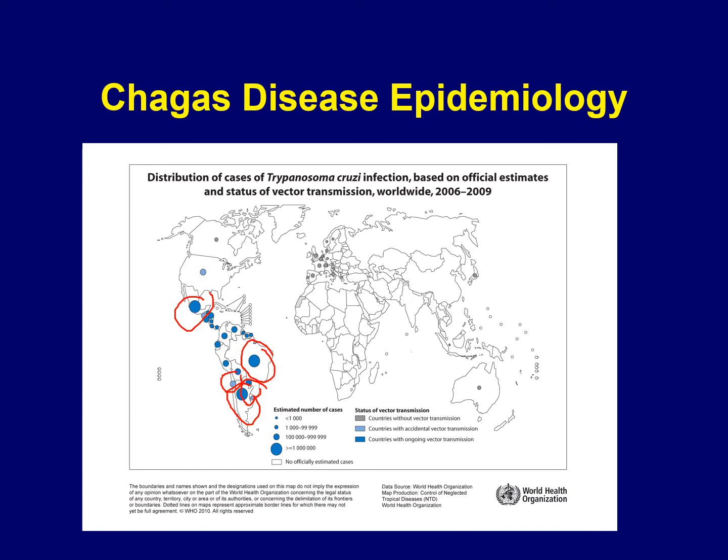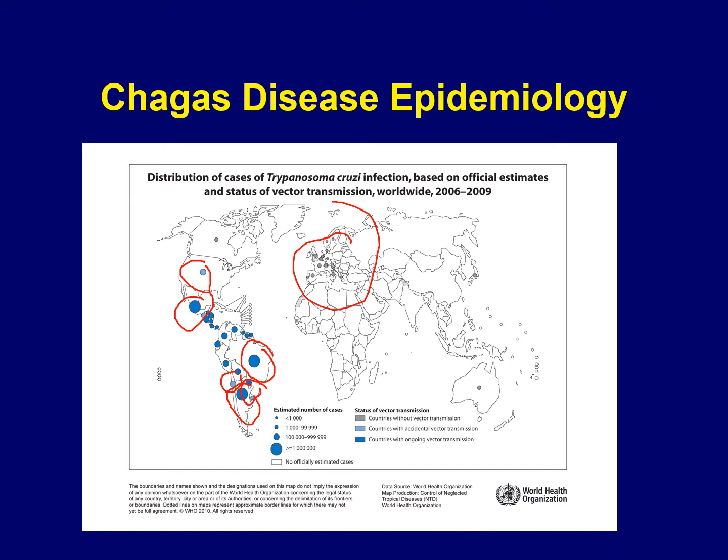Places like Uruguay, Chile, and also the United States are countries we see with accidental vector transmission. And countries with the gray dot, you can see a lot of them in Europe, are countries with cases of Trypanosoma cruzi, but without any kind of vector transmission.